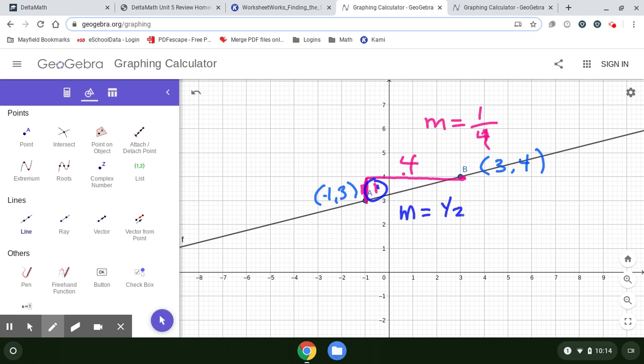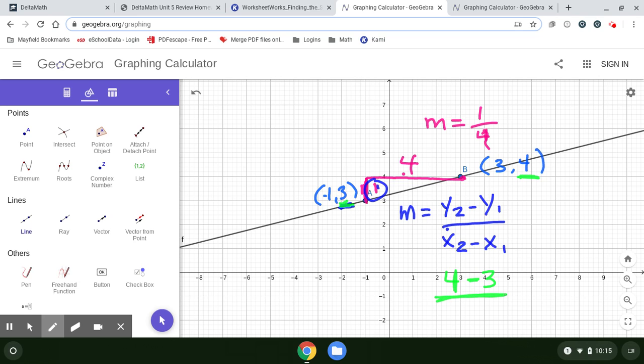Now, I gave you the formula, and if I look at my y's, I have a y here of 3 and a y over here of 4. So what's the difference between them? What's 4 minus 3?